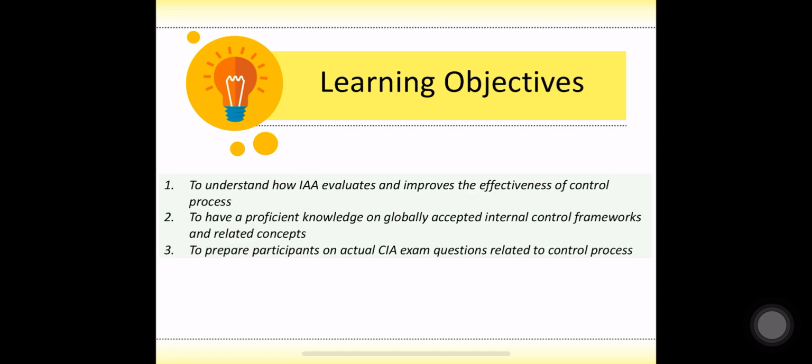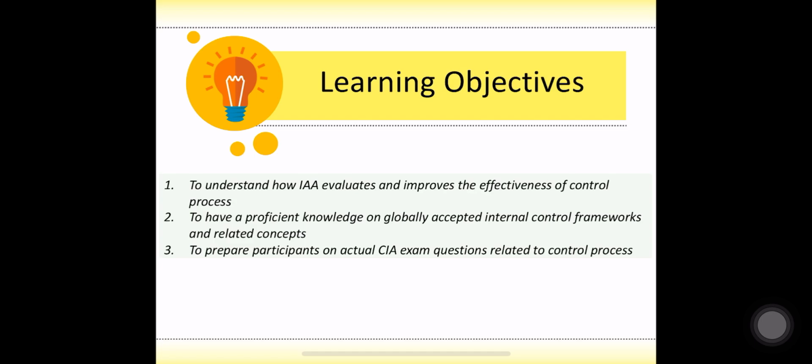Anyway, to talk about the learning objectives for this video, first, we're gonna understand more on how us internal auditors will evaluate and improve the effectiveness of control process.